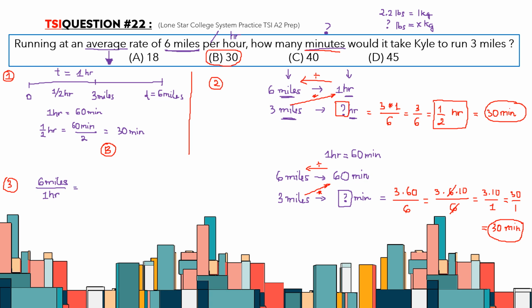So to run 1 mile, how many hours will it be? We find that, right? And also because the question is asking for the minute, we can make it 6 miles for 60 minutes. And change this one into minutes.